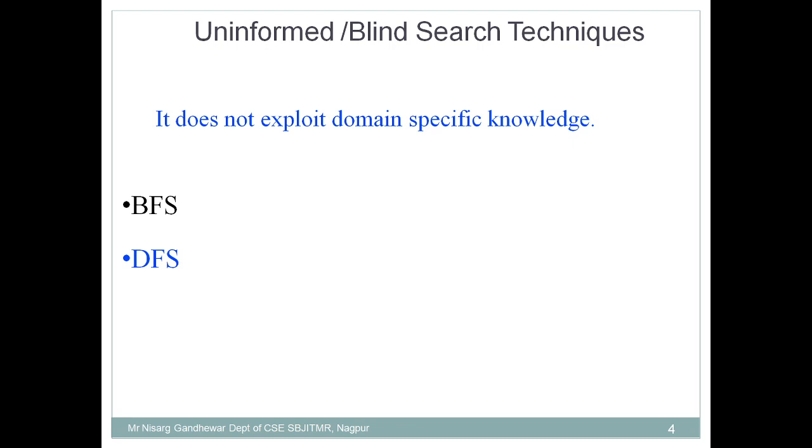These are called uninformed search techniques because they do not exploit domain specific knowledge. We can also say it's blind search, because blindly you are following a particular path without any knowledge.